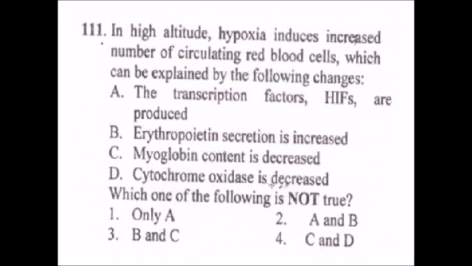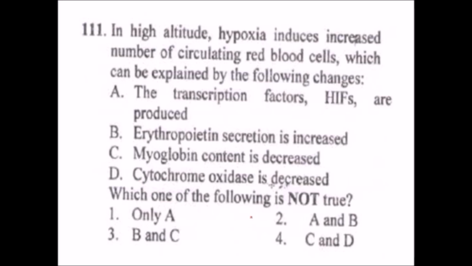Number 111. In high altitude, hypoxia induces an increased number of circulating RBCs, which can be explained by the following changes. During hypoxia, there is an increase in the production of HIFs as well as erythropoietin secretion, and also an increase in myoglobin as well as cytochrome oxidase.